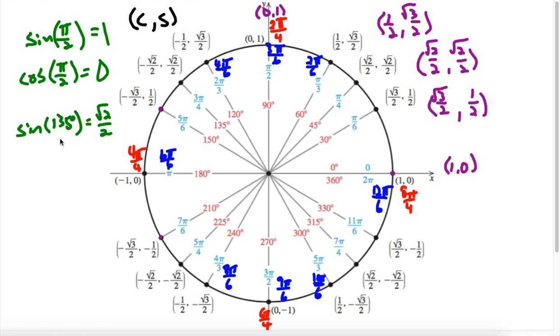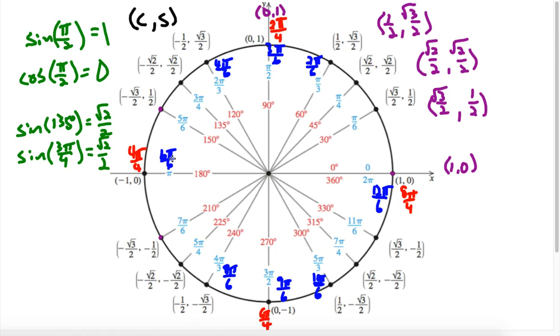Sometimes they'll be given in degrees. Okay, that's why we memorize both the degree measure and the radian measure for these angles. Right, we can interchange degrees and radians. So the sine of 135 is the square root of 2 over 2. We could say that means the same thing as the sine of 3 pi over 4, right? Because 135 degrees and 3 pi over 4 are the same angle, just in different units. One's in degrees, one's in radians.